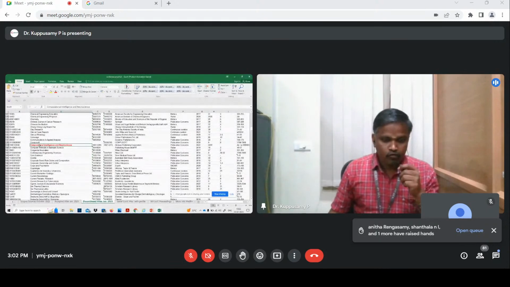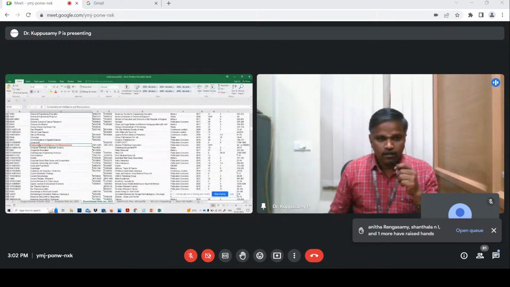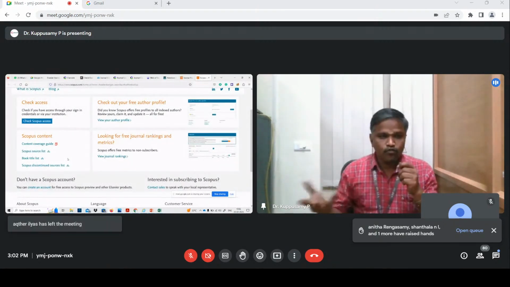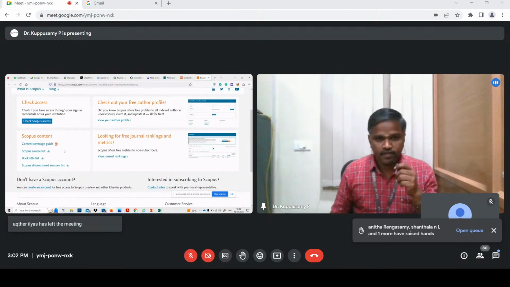So when you are submitting the copyright form or final submission, you have to check whether it is available in the Scopus index list or not. So that is very much important. Otherwise, your article will be published in a journal removed from the Scopus indexed journal ranking, right.